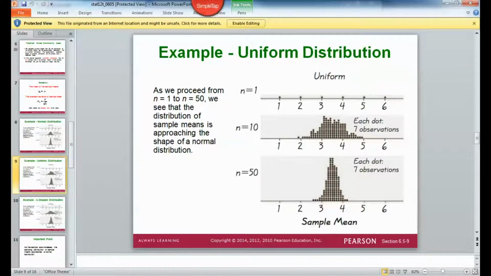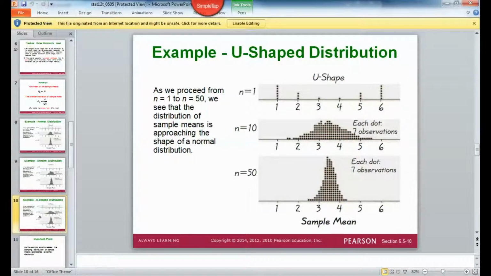Uniformly distributed, if it's a uniform distribution, then they're pretty much all the same all the way across, maybe not exactly. This right here says a U-shaped distribution. See this right here? Like a U shape here.